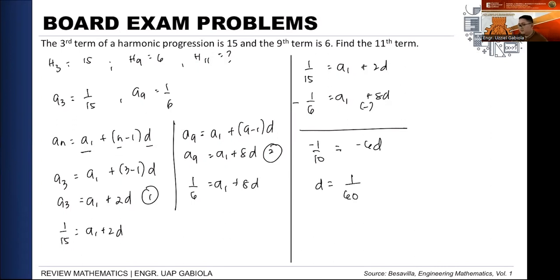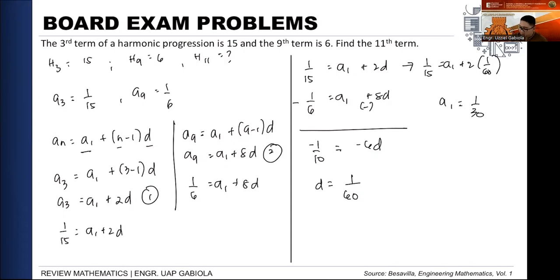Pag nakuha natin yung value ng d, we can use yung value ni d para makuha yung value ni A1. Okay? So, dito na lang natin i-substitute. 1/15 equals A1 plus 2 times 1/60. So, A1 is equals to 1/15 minus 2/60. So, we have 1/30 ang value ng A1.